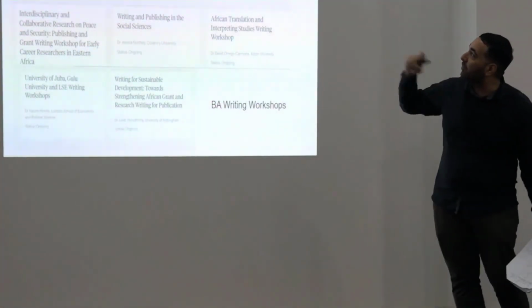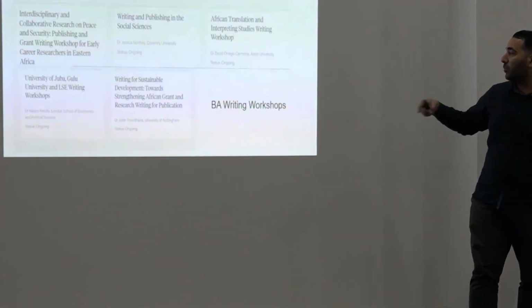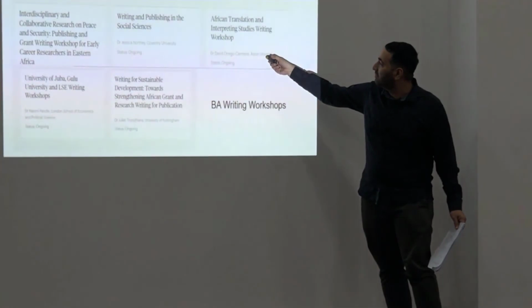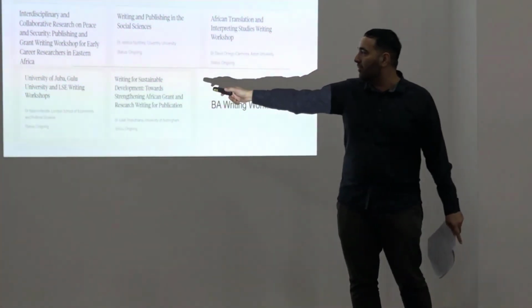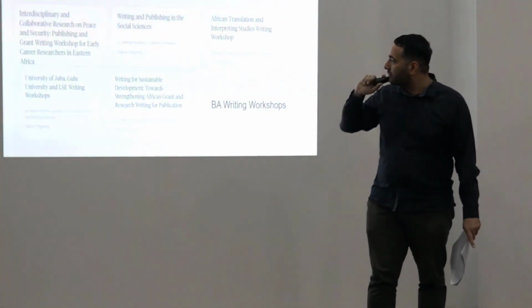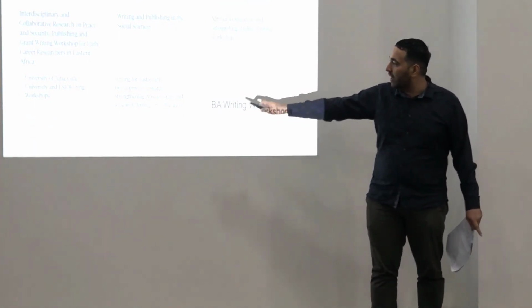So these are some of the other projects also funded by the British Academy writing workshops. Now I'm going to quickly go through it. African translation, publishing in social sciences. University of Juba, which is in southern Sudan. Writing for sustainable development. Africa again.